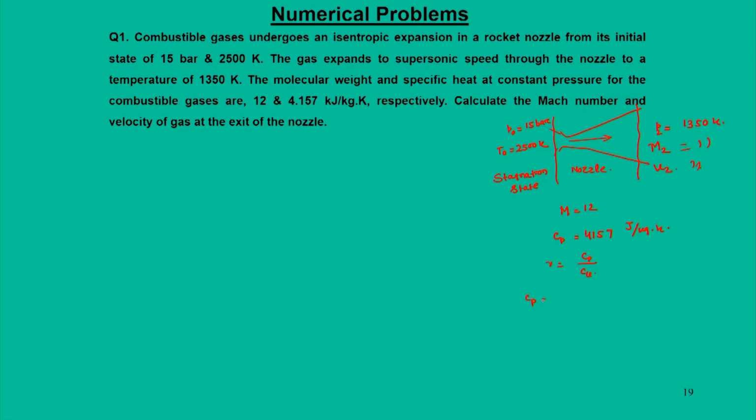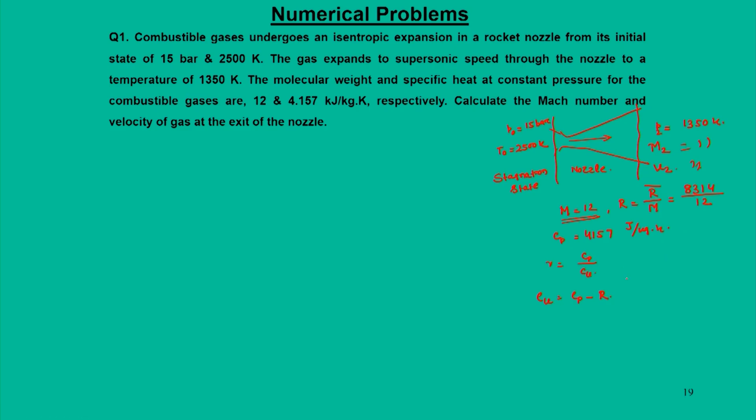So, Cv is equal to Cp minus R. And R we do not know, but because we are given the molecular weight, R becomes R bar by M. So, R bar is 8314, that is the universal gas constant, divided by 12.